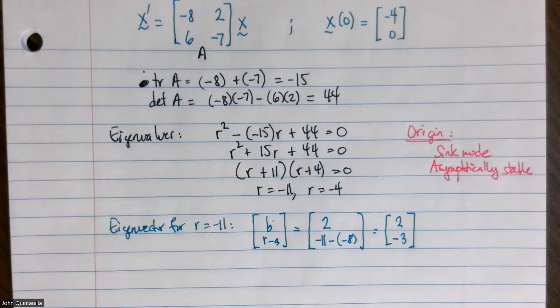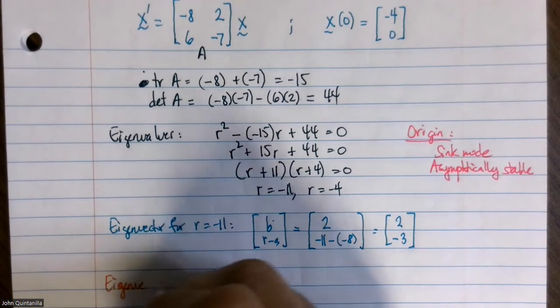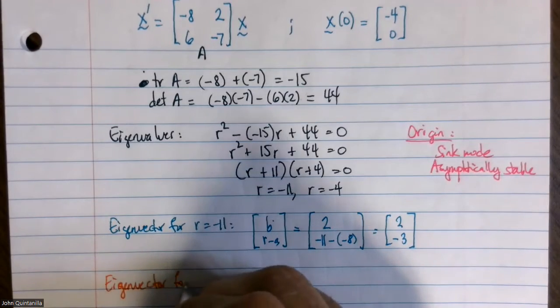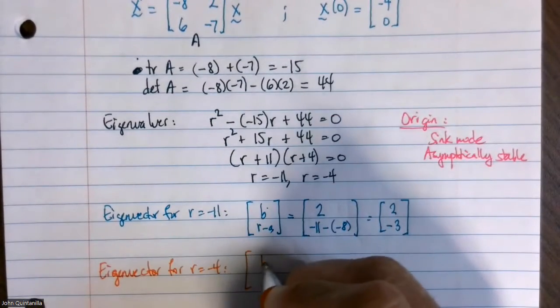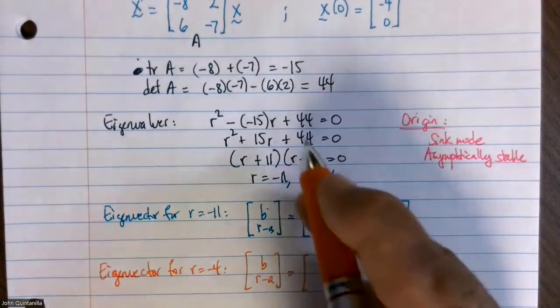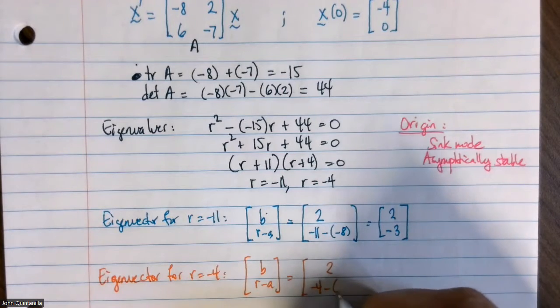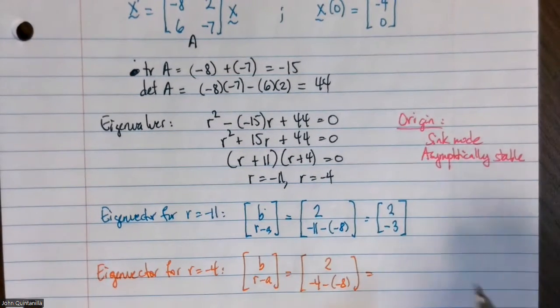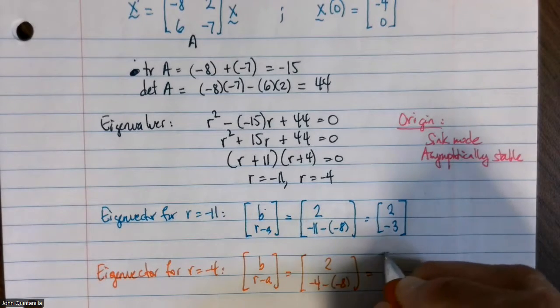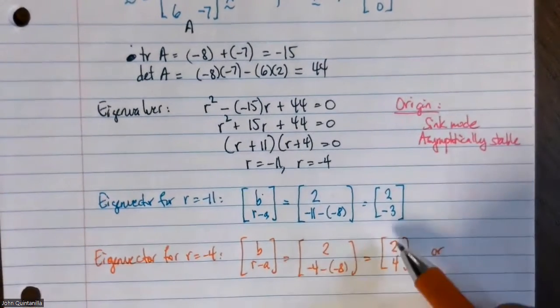To get the other eigenvector for -4, I once again will plug into my shortcut formula, b, r minus a. The b will still be equal to 2. My r has changed to -4 minus -8. And so I will get 2, 4. Now, once again, any constant multiple of this will work.